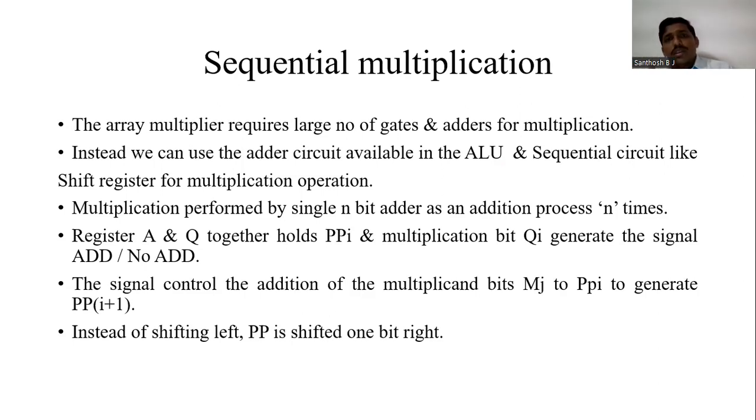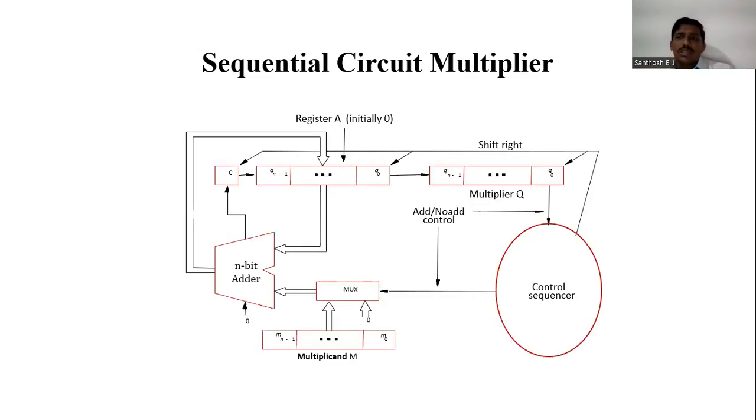Now we will understand more when we analyze the diagram. Let's move on to the diagram, the sequential circuit multiplier. As I already said, this is the n-bit adder, and initially it is 0. The control sequencer sends the add or no-add control signal.